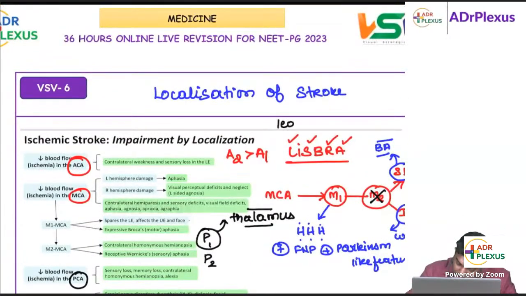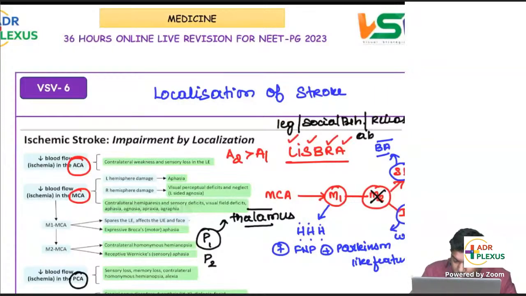This is leg involvement, social behavior, release of primitive reflexes, then abulia and apraxic gait. Apraxic gait.